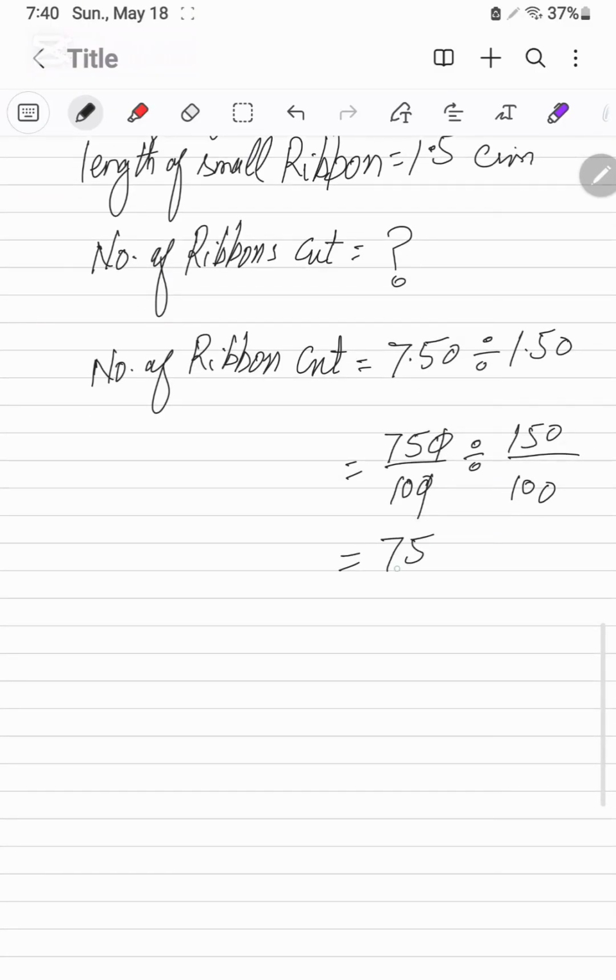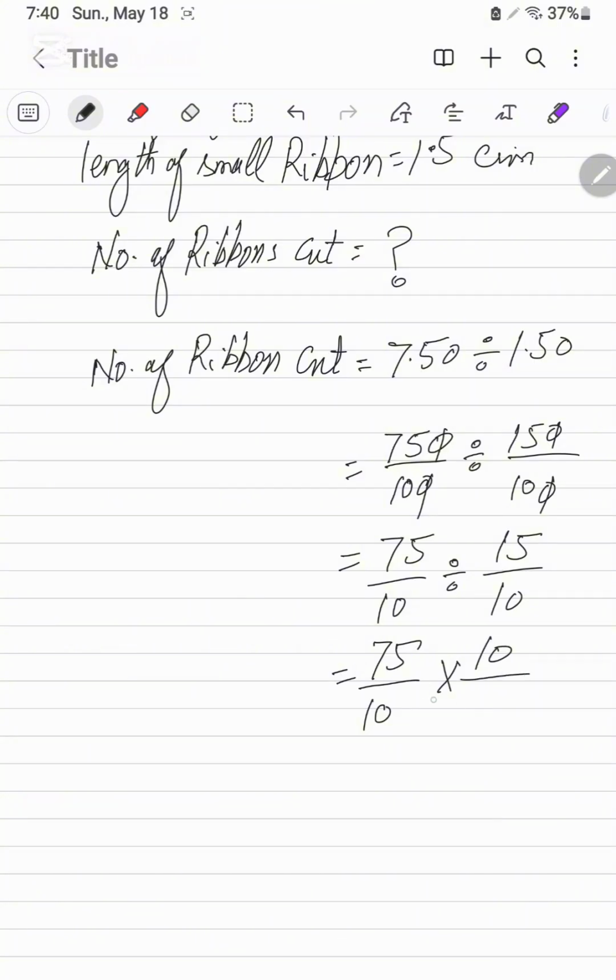It will be 75 over 10 divided by 15 over 10. In the next step, 75 over 100 into 10, 75 over 10.